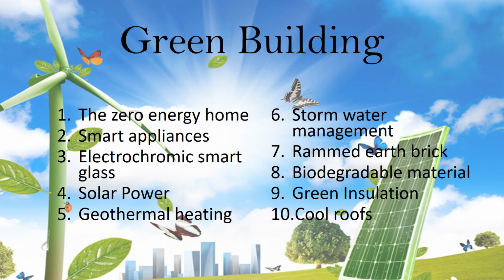Electrochromatic smart glass is also one really big thing that they're actually still developing right now. They expect it to be able to decrease HVAC costs up to 25% once these are a working thing that people can have.